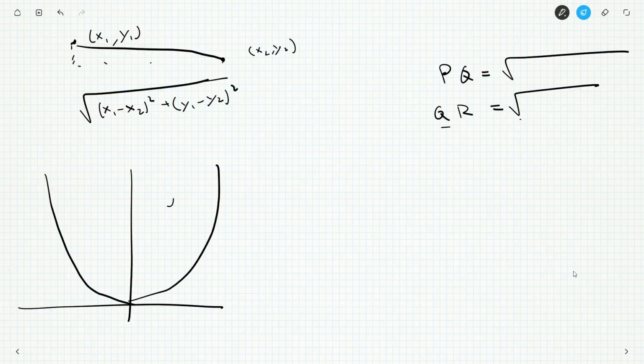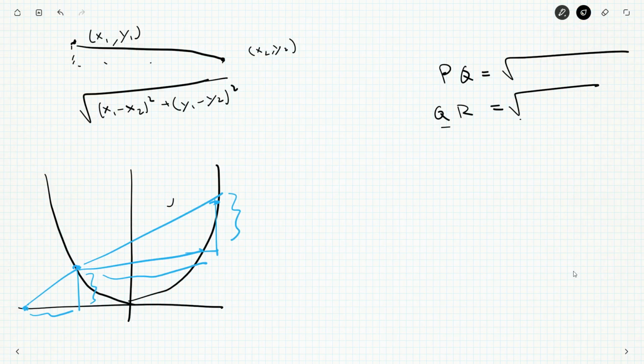So when we say we've got PQ is the same as QR, we could do distance formulas, or we just say we've got the same right-angled triangle. And so the difference in the x-coordinates here has got to be the same, and the difference in the y-coordinates here has got to be the same.